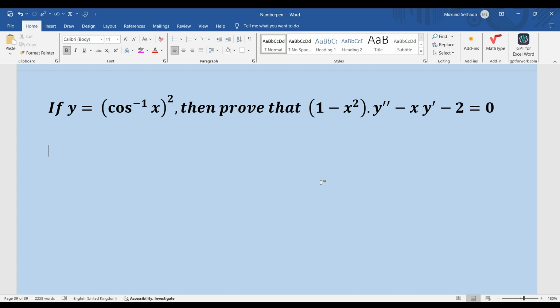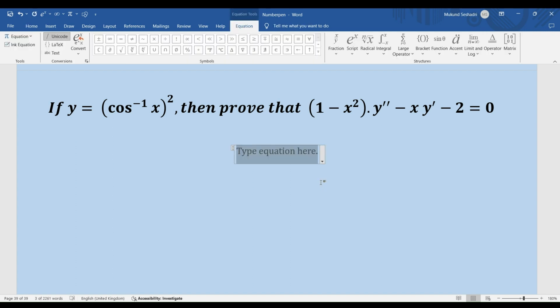And I'm not going to do this by the method of substitution, though we have a cos inverse function. I'm going to apply the chain rule to arrive at my y dashed, directly using derivatives of cos inverse from first principles. Okay, so I have a square function.